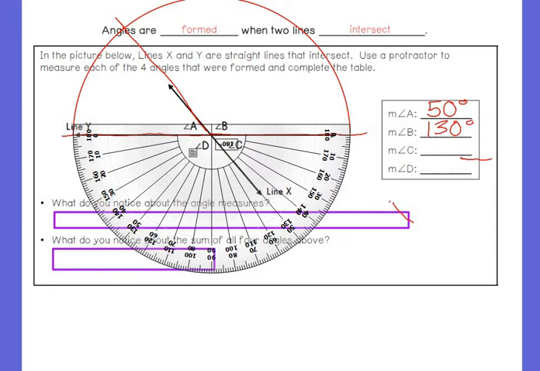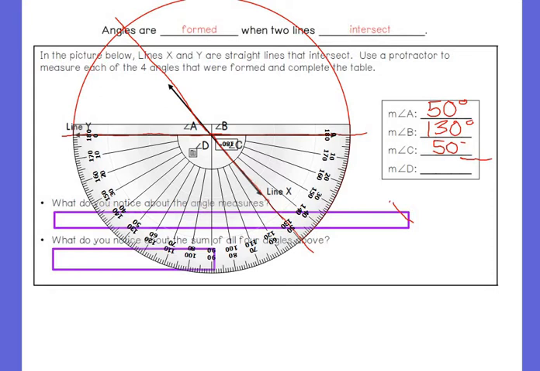We can measure angle C. Angle C here, the line is right there. So am I using the top half or the bottom half of my protractor? Top half. And I need to measure to that line. So what is the measurement of angle C? 50 degrees. You were off just a hair.